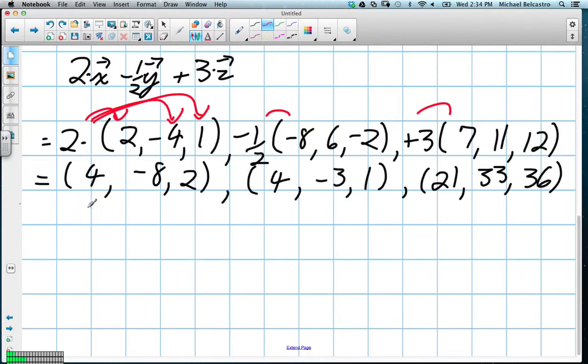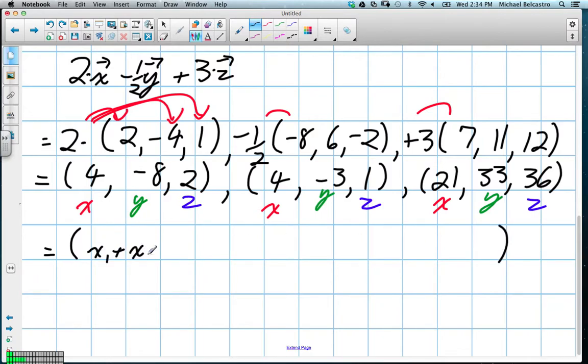Now these are all of the x values, these are all of the y values, and these are all of the z values. We're going to combine them all. So we have z1, z2, and z3. So the idea now becomes we have one large component, and we'll do x1 plus x2 plus x3, y1 plus y2 plus y3, and z1 plus z2 plus z3.